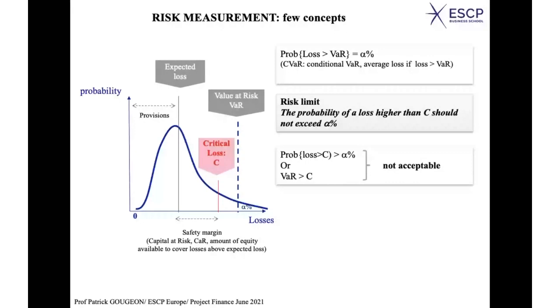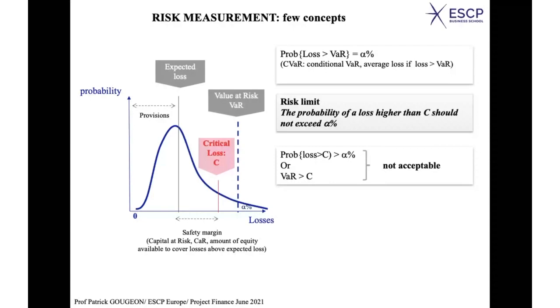If you go beyond this limit, it means that you have consumed all of your safety margin. That's why sometimes we call this distance between the expected loss and the critical loss the safety margin, or the capital at risk. If you look at the balance sheet of a company, it corresponds to a tranche of your equity which you have allocated to a particular project. So if you allocate a certain tranche of equity to a particular project, this is a kind of safety margin. Equity is there to cover losses which are above what is expected.